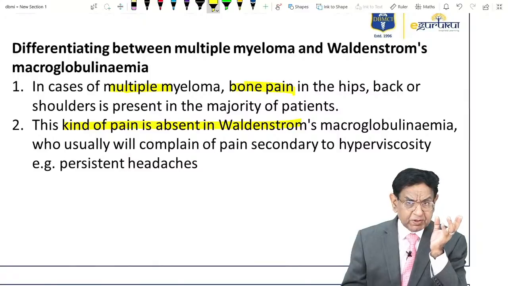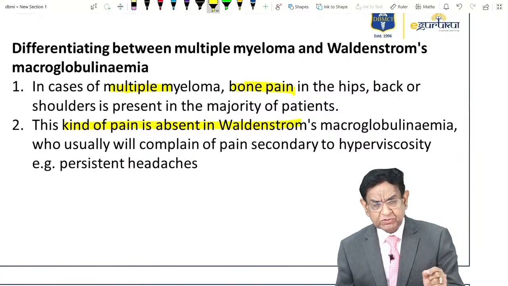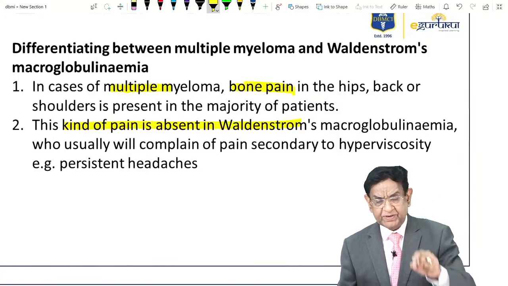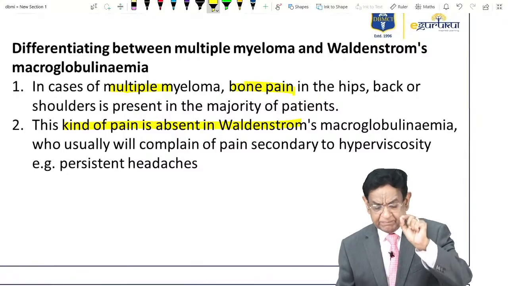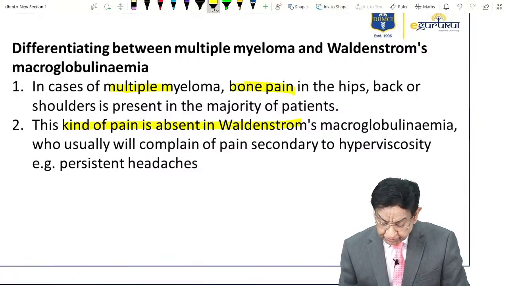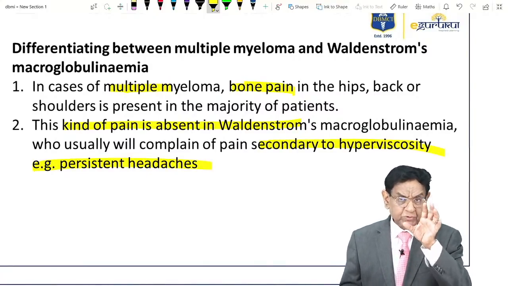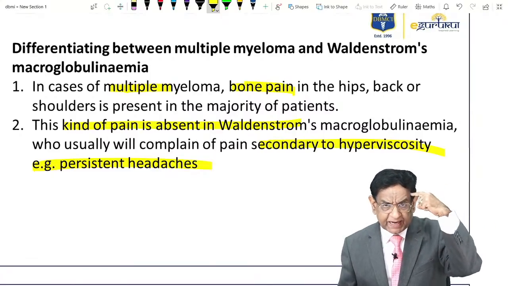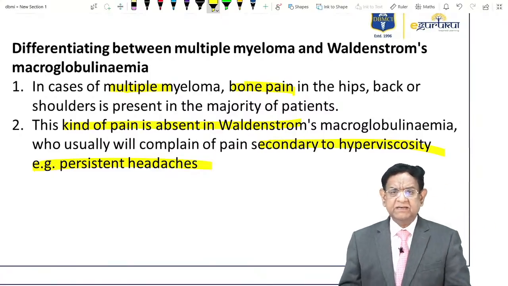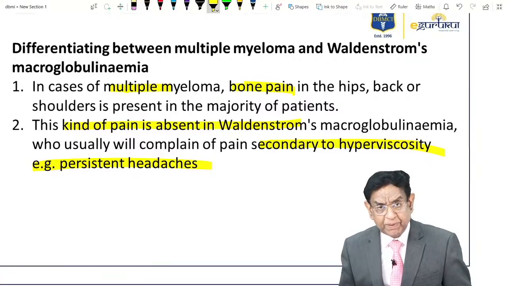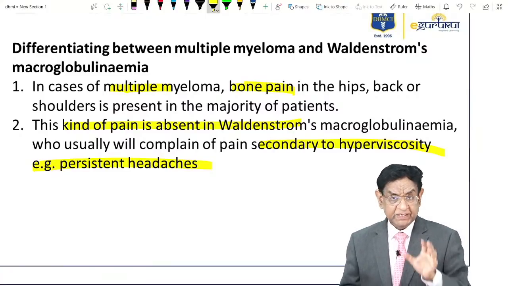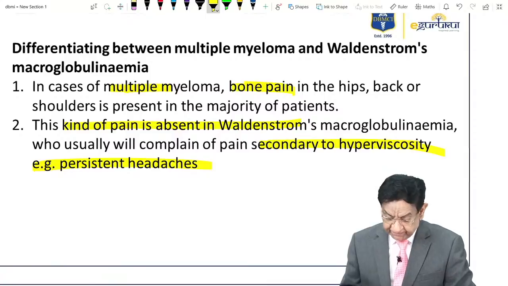But you will be surprised, in the question also they talk about headache and blurring of vision. This headache and blurring of vision occur due to increased plasma viscosity, persistent headache. So here the patient comes with a headache. In contrast, in multiple myeloma, he comes with a low backache or leg pains. So the site of pain is different.